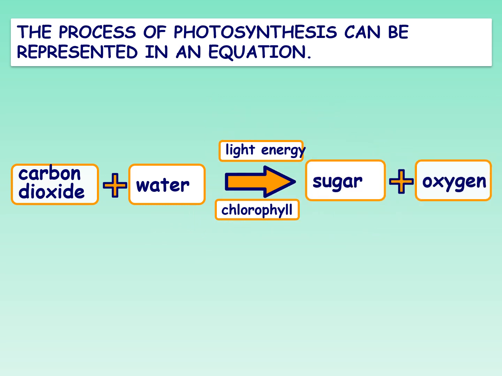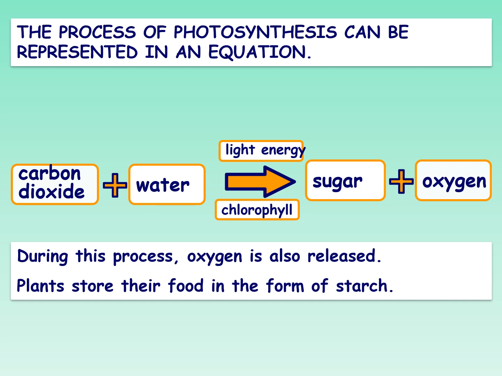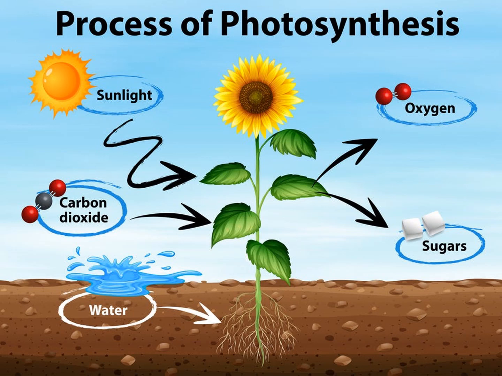This equation shows the process of photosynthesis in which carbon dioxide and water in the presence of sunlight and chlorophyll produce sugar with oxygen. During this process, oxygen is also released and carbohydrates get stored in the form of starch. This diagram shows the process of photosynthesis.